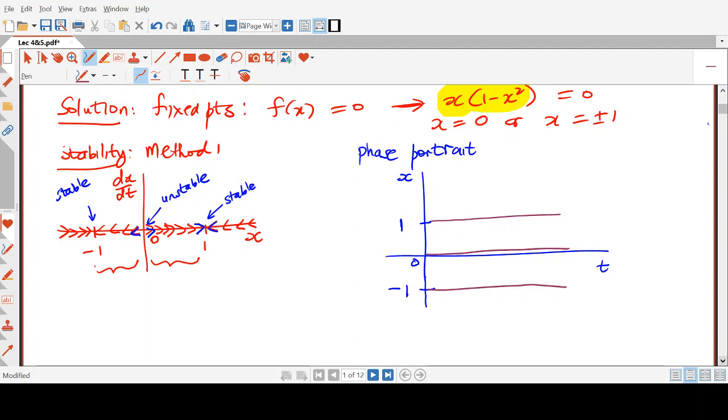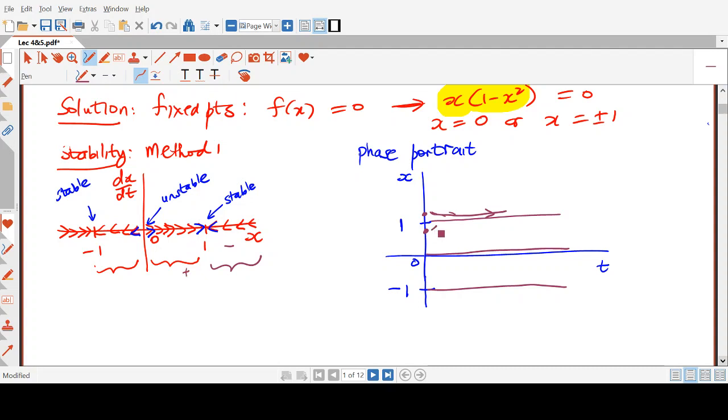Or does it approach it? Now, if you look at this region here, more than 1, you can see it's negative. That means if you start from slightly above 1, your curves will have negative slope, like that. That means the thing is going to flow like that. You see it's flowing towards that line. If you start on the left of 1, on this side, you see it's positive.